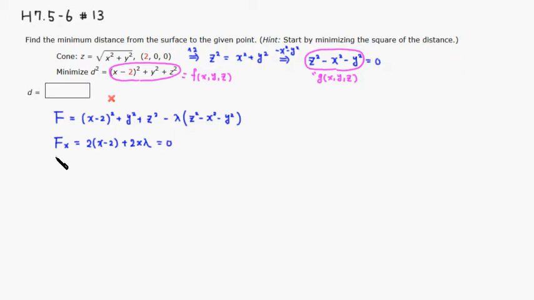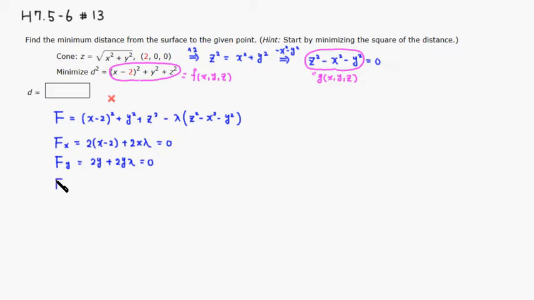The partial with respect to y is 2y plus 2y lambda, set equal to 0.